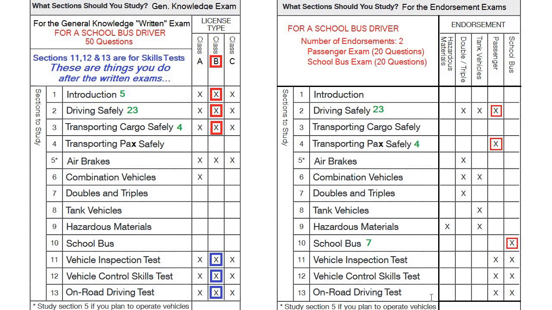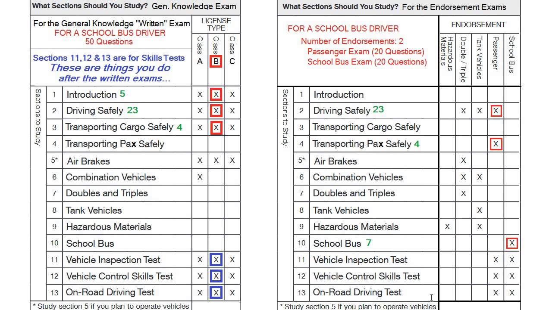My bus examiner had me pull over when I was on the interstate ramp, and the examiner asked me a question, which I think it was a test question. Just wanted to know where I might put my emergency lights if I had to, or emergency triangles, if I had to pull over there.